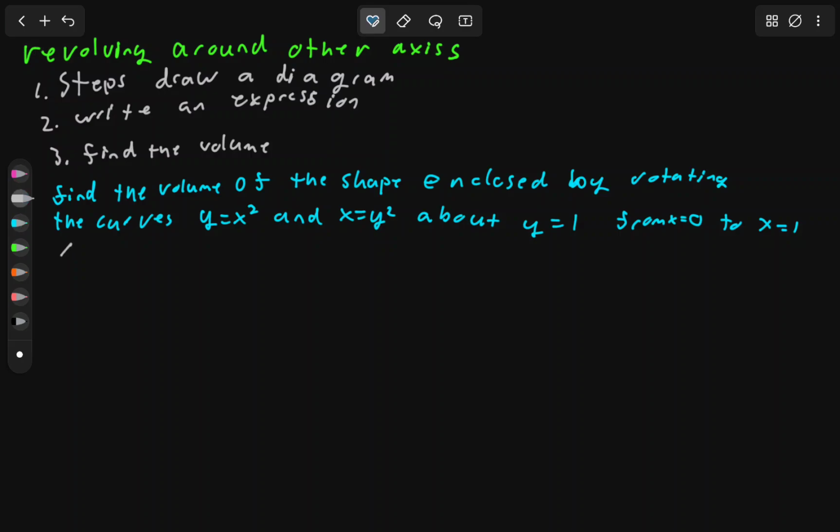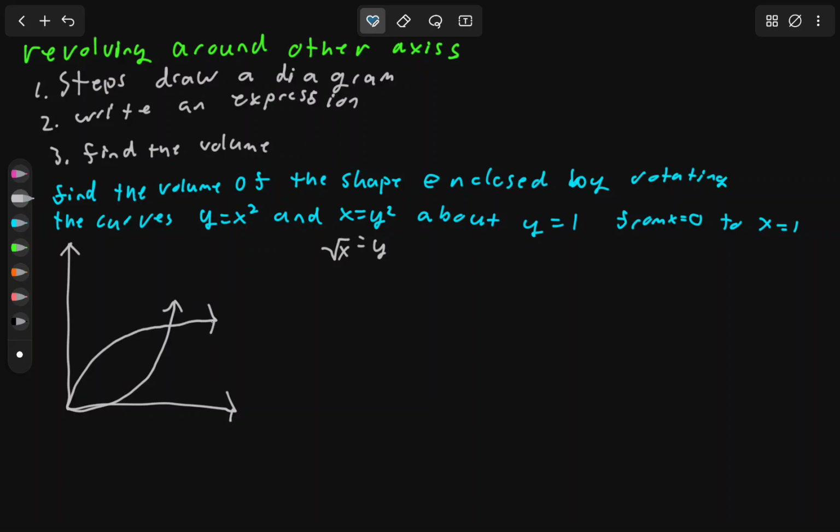Okay, so to start out, draw the graph. We know y is equal to x squared is going to look something like this. We know x is equal to y squared. Well, I have a little trick for you. We're going to call this y is equal to the square root of x.